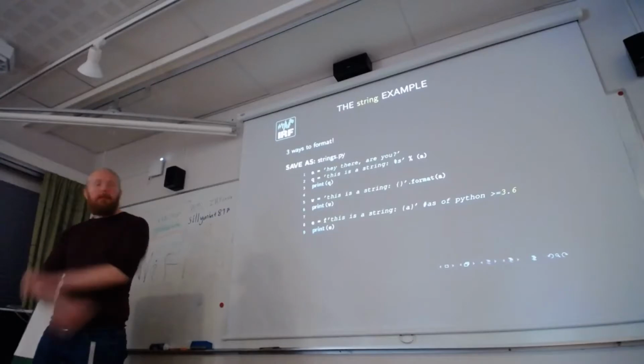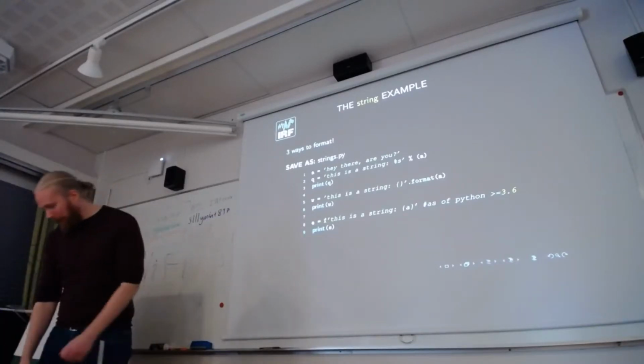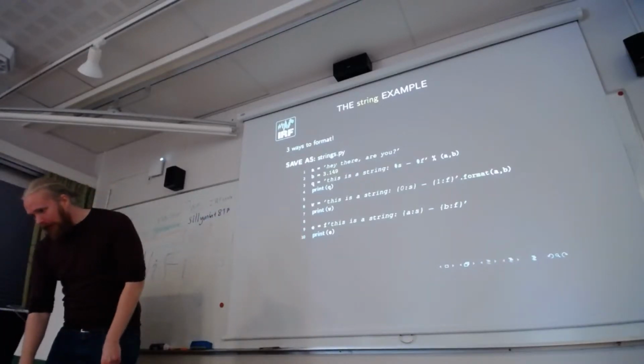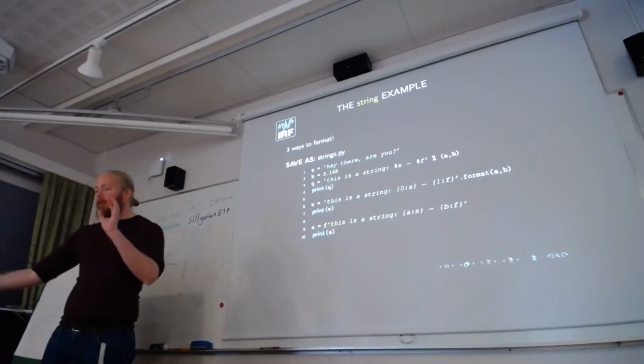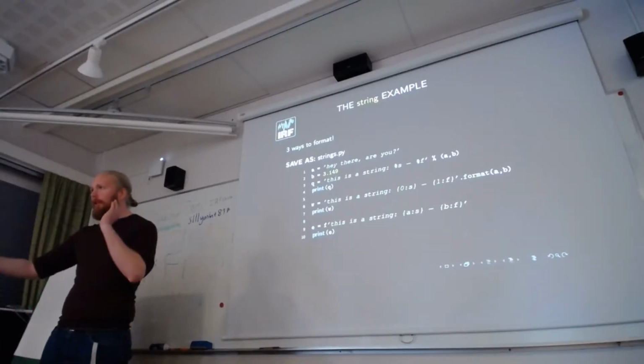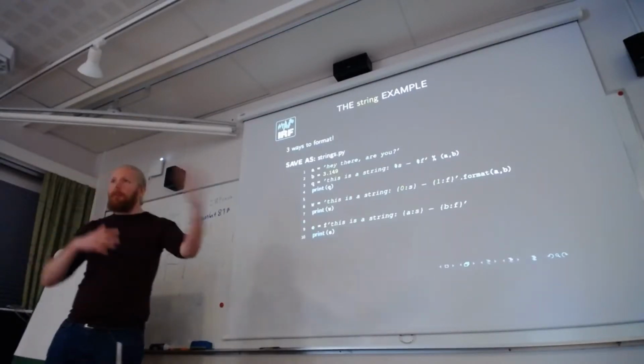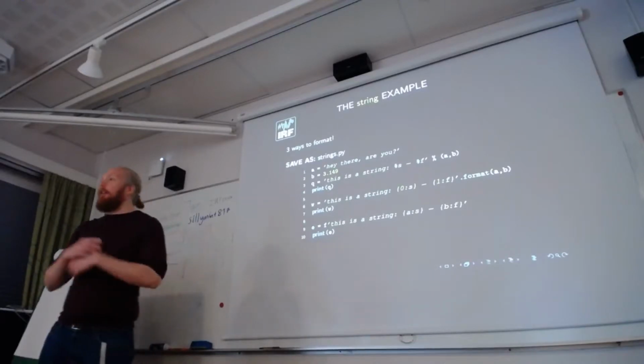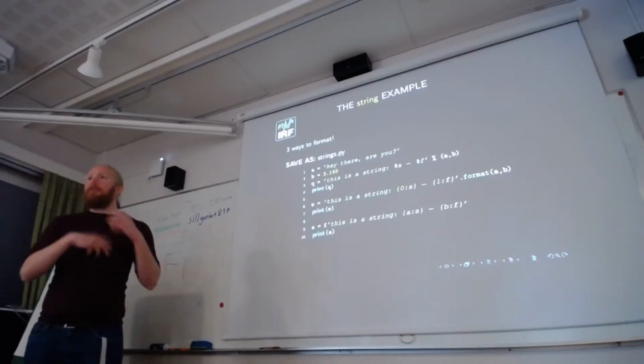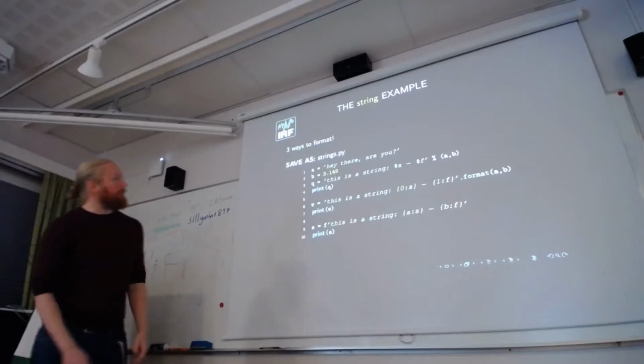Okay, so we were finished with this one. Let's move on to doing both strings and floats in the same line, and also talk about formatting multiple things into the same line, and how to decide what formatting to actually do.